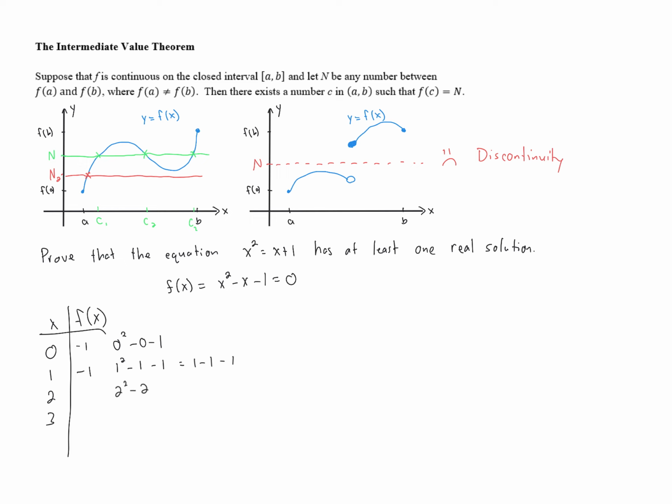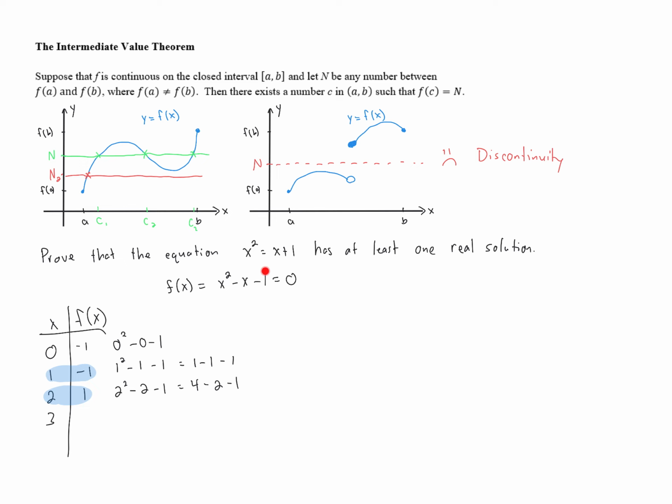2 squared minus 2 minus 1. 2 squared is 4. We've got 4 minus 2 minus 1. 4 minus 2 is 2, and 2 minus 1 is positive 1. And so because we have one value that gives us a negative number and another value that gives us a positive number, by the intermediate value theorem, that tells us that we have to have a 0 of the polynomial in between these two.